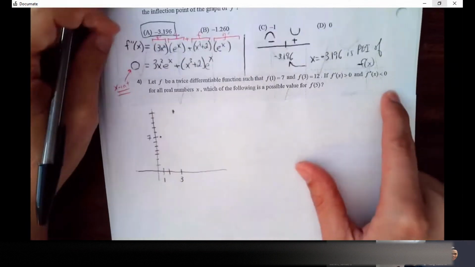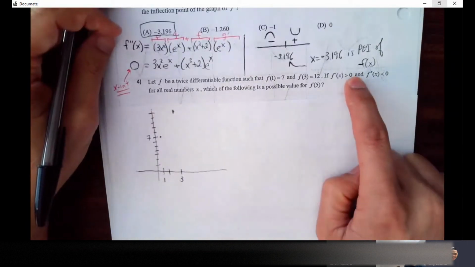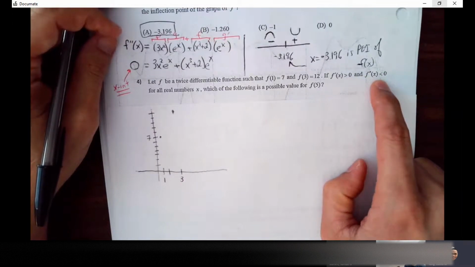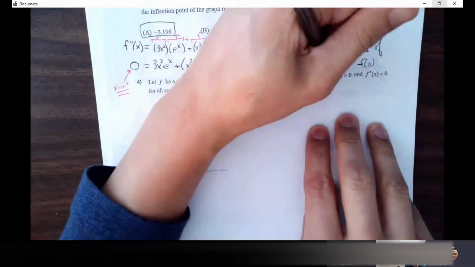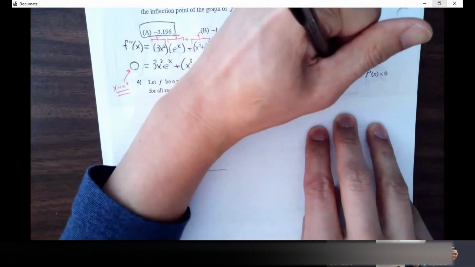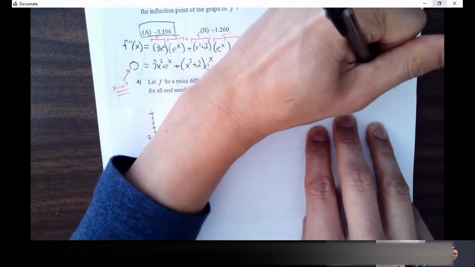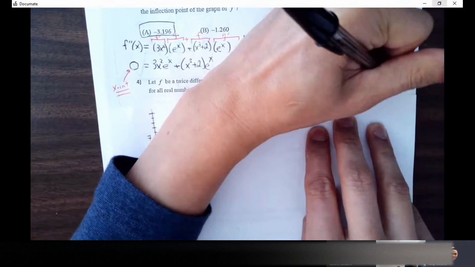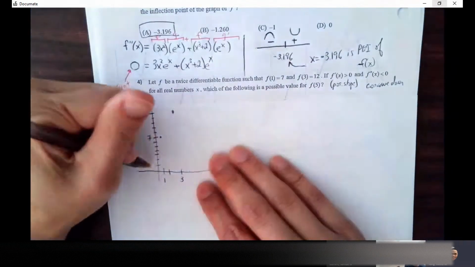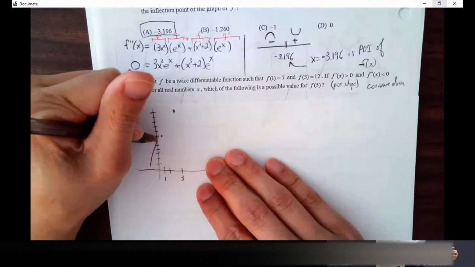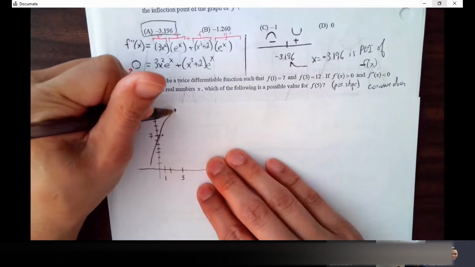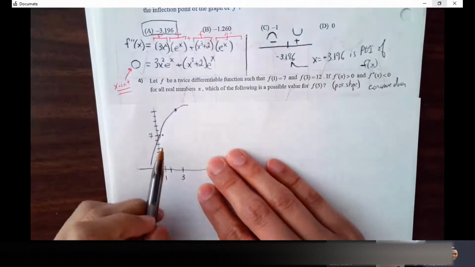So we know that the graph is always positive slope, but always concave down. So the graph is only going to have this shape, right?